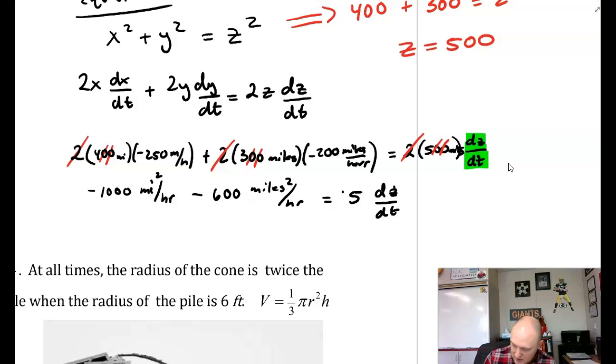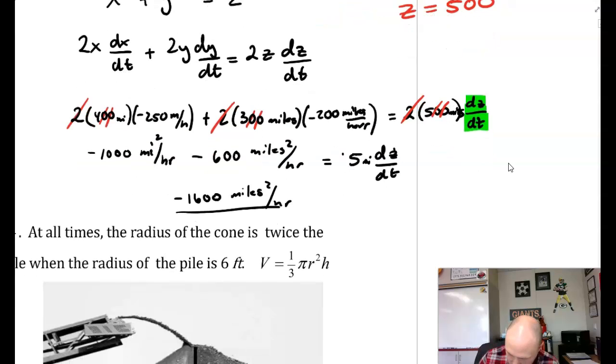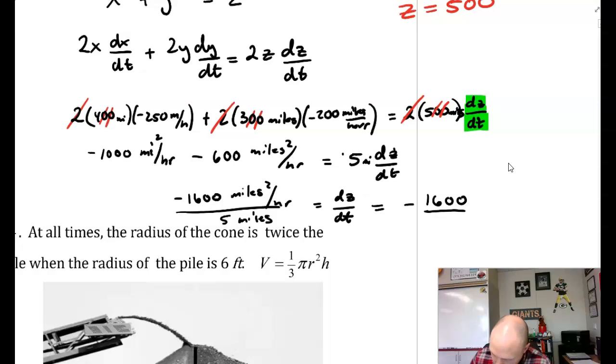And I'm going to solve this. That's 5 miles, don't want to lose that. So we have negative 1,600 square miles per hour, and I'm going to divide by 5 miles. 5 miles is dz/dt. So dz/dt would be negative 1,600 divided by 5 miles per hour.